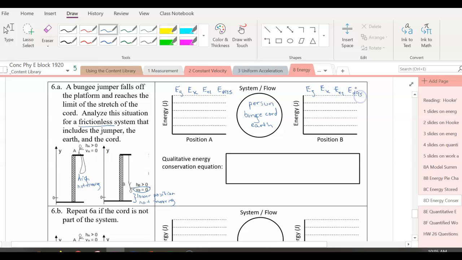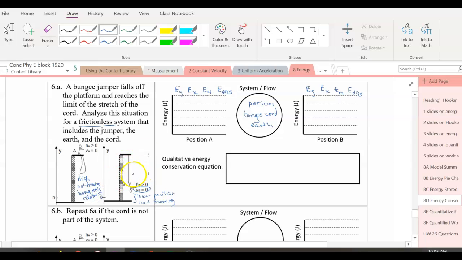Okay, at position A, the person is very high, so there's a lot of gravitational potential energy. They're not moving, so there's no kinetic energy. The only elastic thing in our system is the bungee cord, and it's very relaxed, right? The bungee is relaxed. And so it's not currently storing any elastic potential energy.